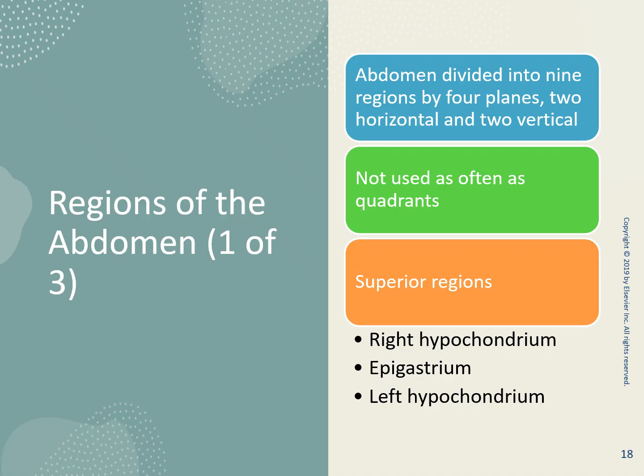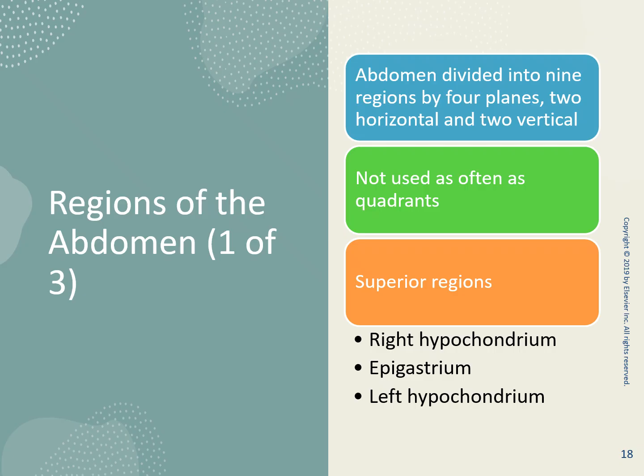All right. So the regions of the abdomen, there are 9 regions, and the regions of the abdomen are not used as often as the quadrant system. And so there's a right hypochondrium, an epigastrium, and a left hypochondrium.